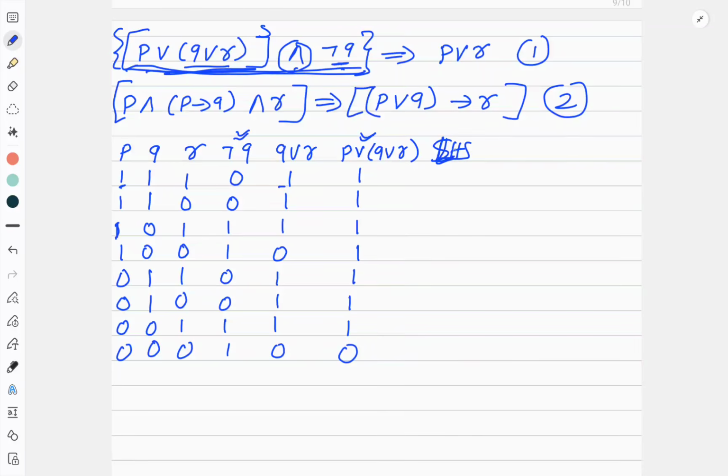Now I compare like this: 1 1 means 1, 0 1 means 0, 0 1 means 0, 1 1 is again 1, 1 0 is again 0. So this is my left hand side.